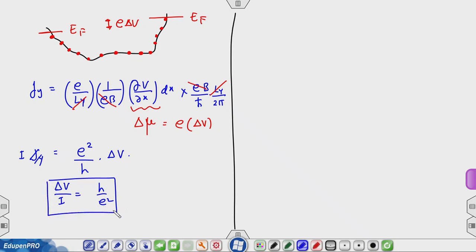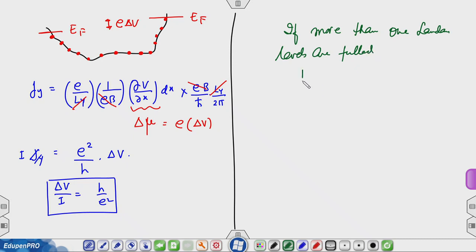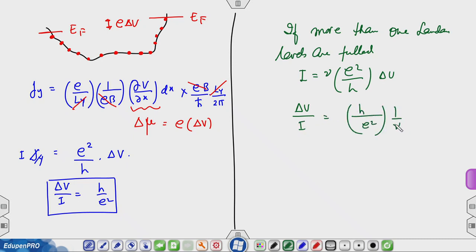And as I showed you earlier, current is basically flowing through the edges. If more than one Landau level is filled, then the current is going to be equal to e square over h times the number of Landau levels filled, delta V, and you get delta V over I equals h over e square times 1 over nu.